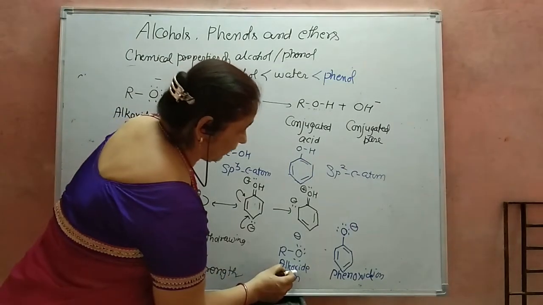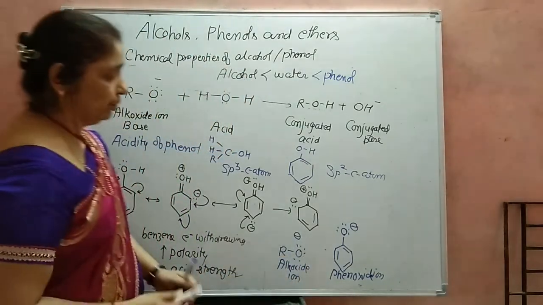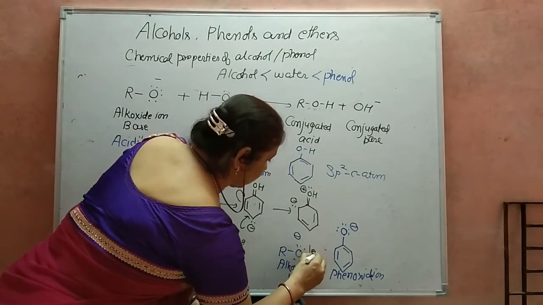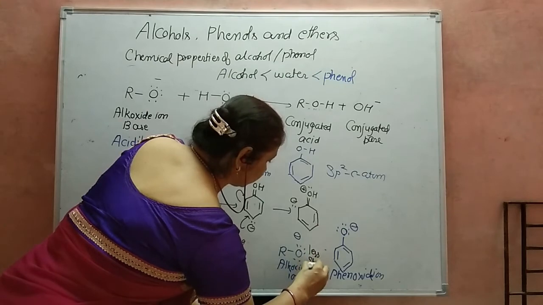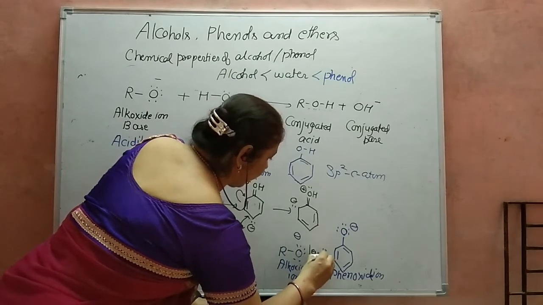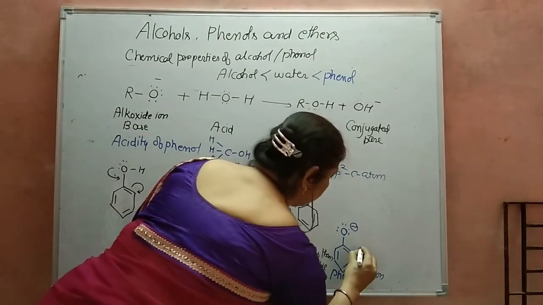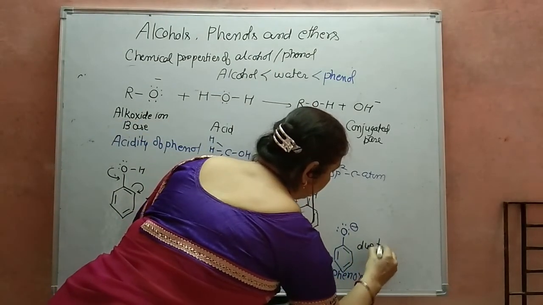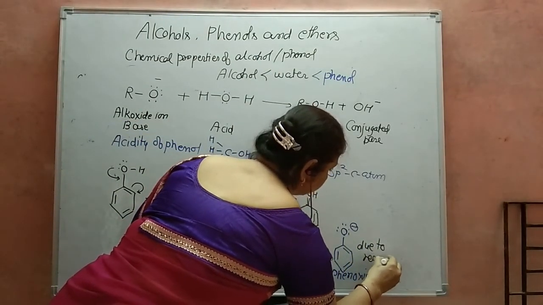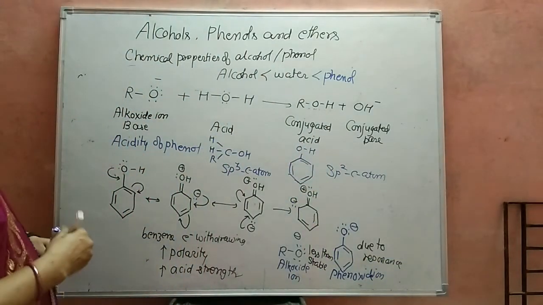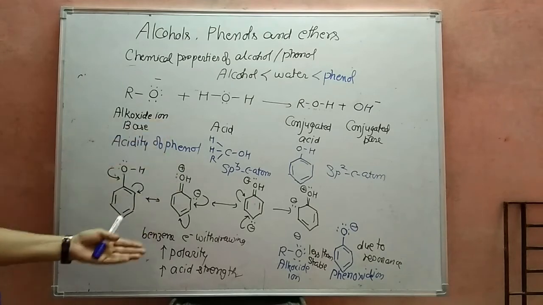So if we compare the stability of these two, alkoxide ion is less stable than phenoxide ion due to resonance. This is also a very important question. Here we discussed many comparisons of this part.